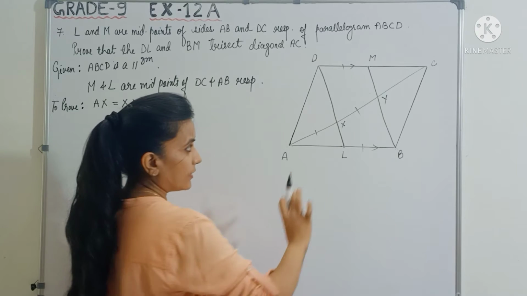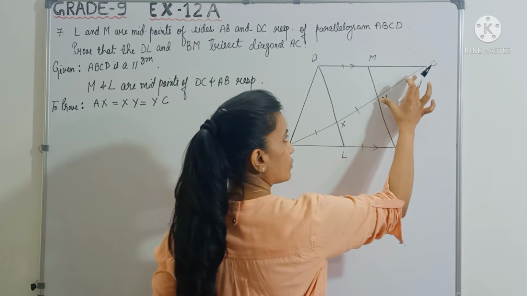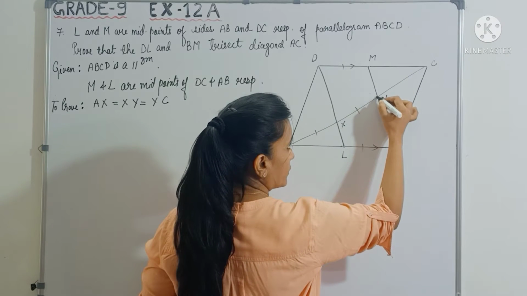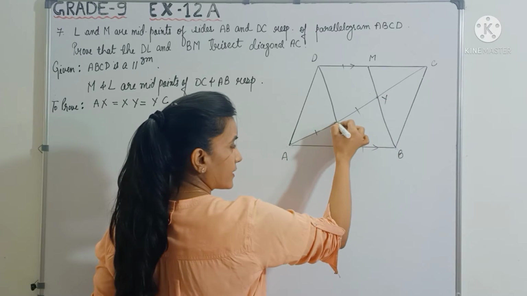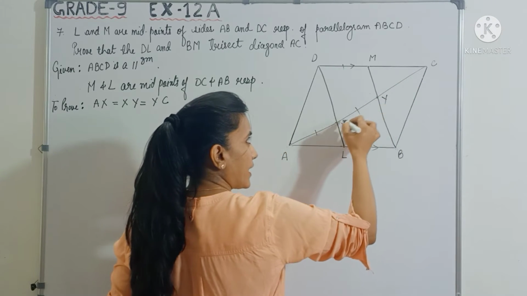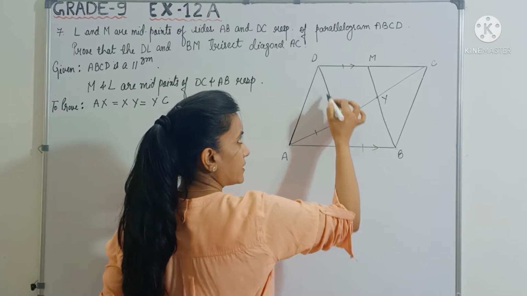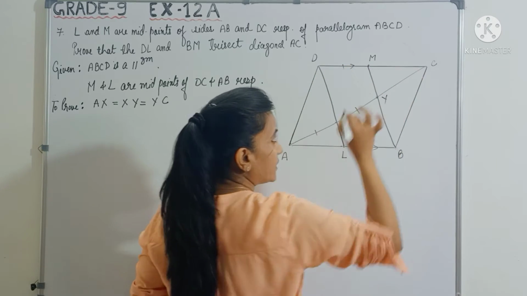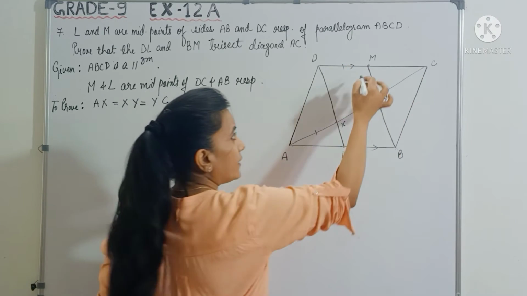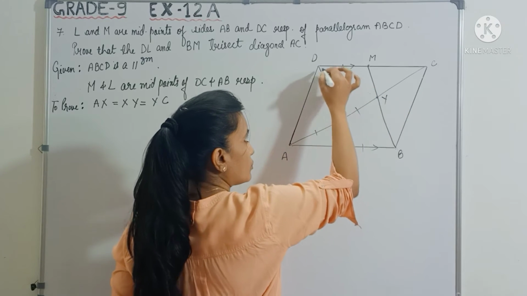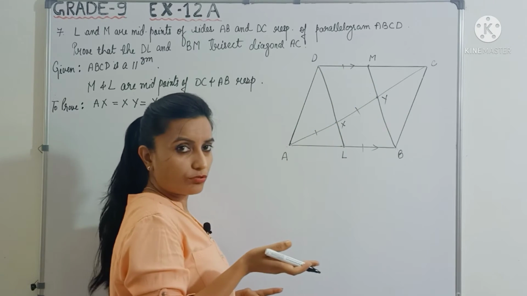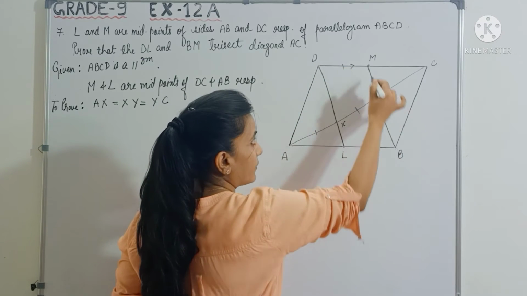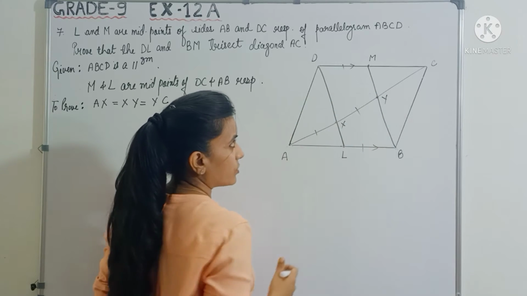Alright, now we have to show that XY is equal to YZ. It means I should show that Y is the midpoint of CX. So let's take triangle CXD, correct? Take this triangle. Now in this triangle, M is the midpoint of DC. This is already given, right? And MY is parallel to DX. Just now we showed that DLBM is a parallelogram, so opposite sides will be parallel to each other.